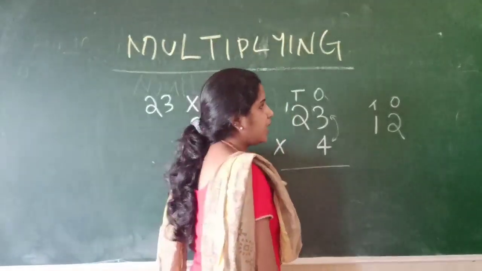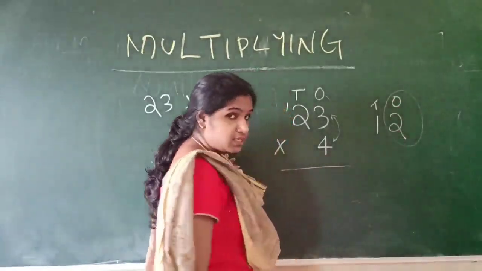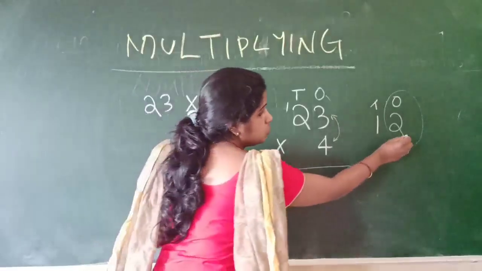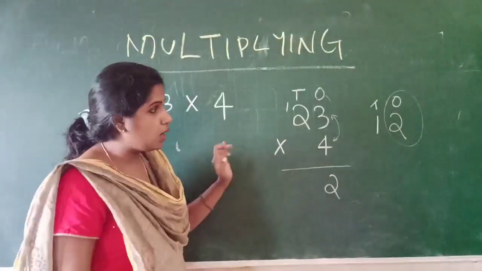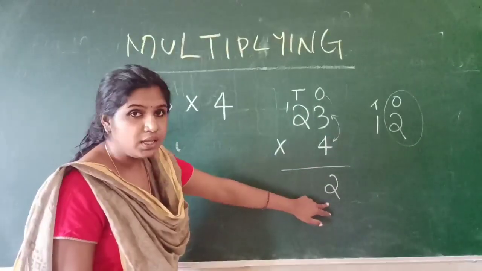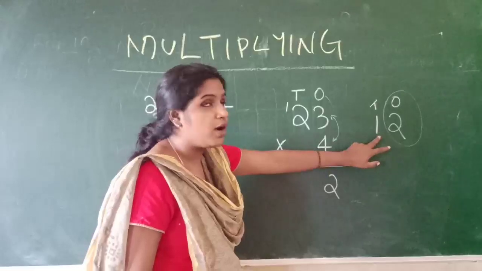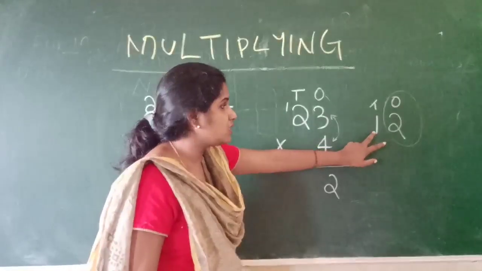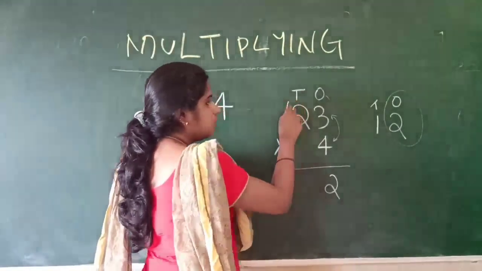From this ones place, I write this 2 here. From 12, I write 2 here. What is remaining? A 1 is remaining. I write this 1 here.